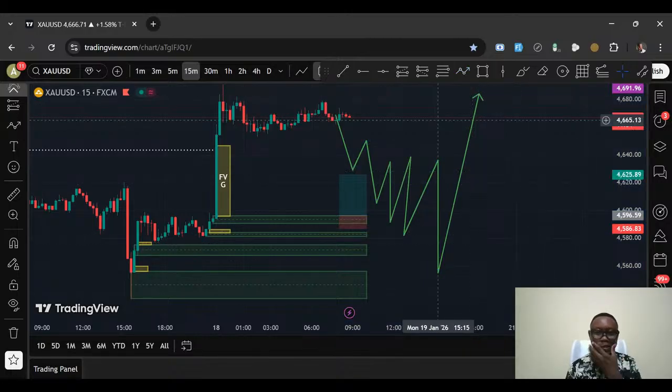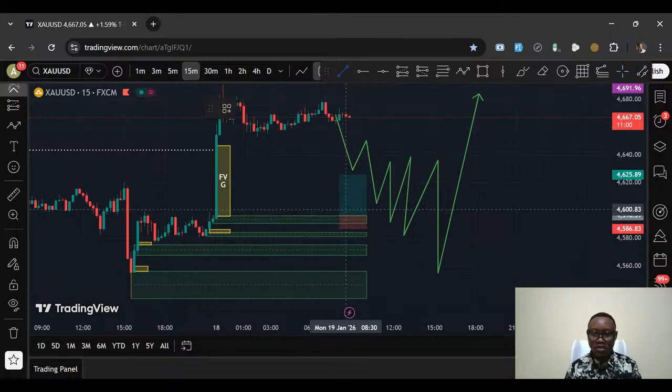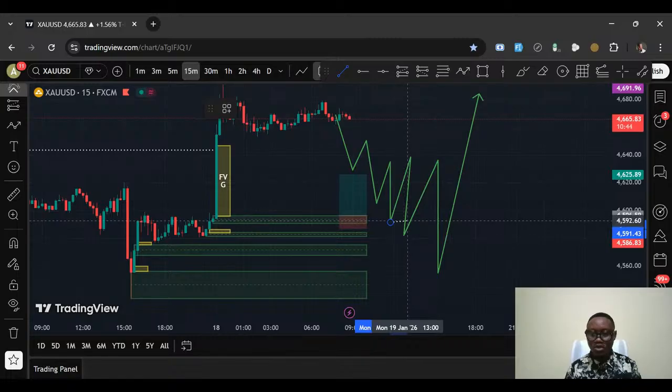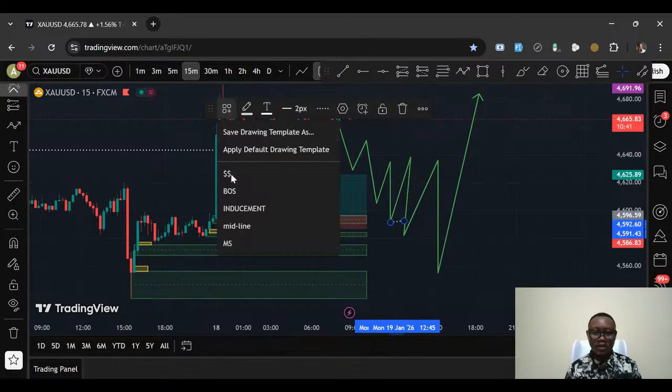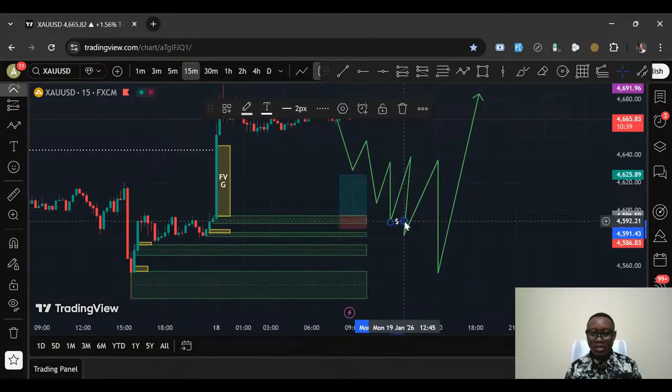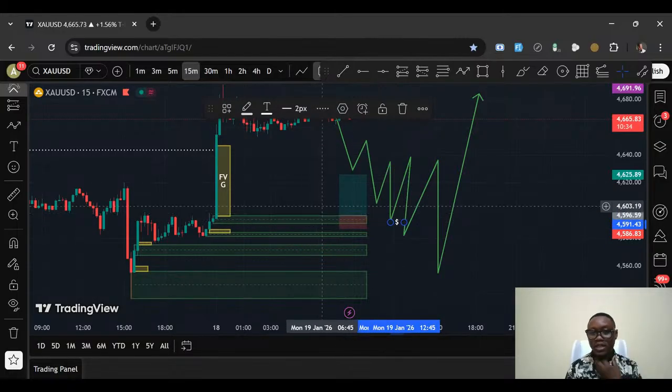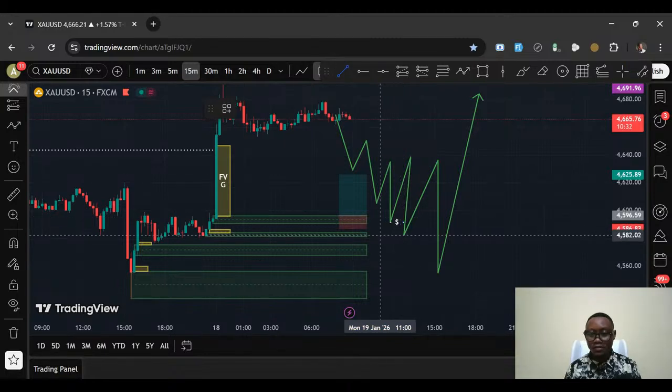So all these zones before the extreme zones could be used as a liquidity area, right? A liquidity area for the market to sweep available liquidity and tap into the extreme zones. All this could just act as liquidity area. And that's why when I'm setting my TP on zones like this, I'm very, very conservative.